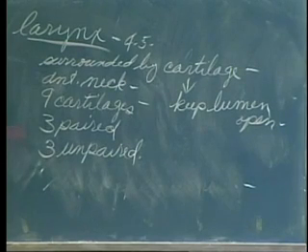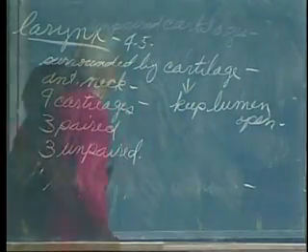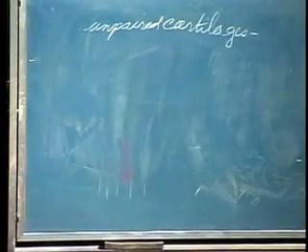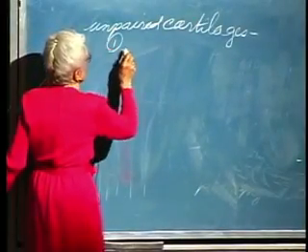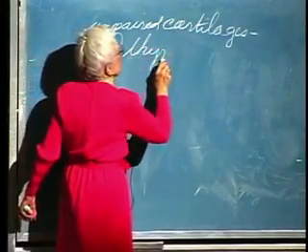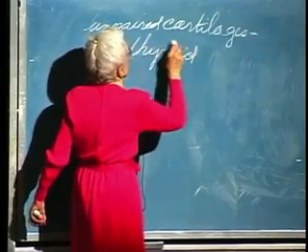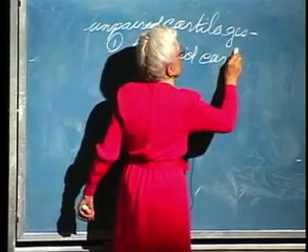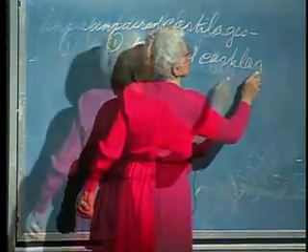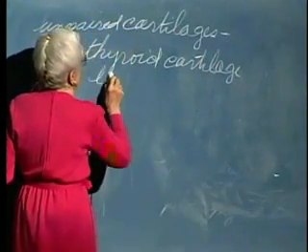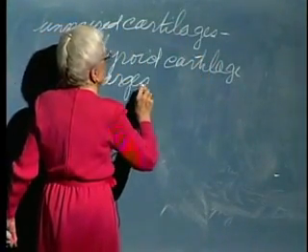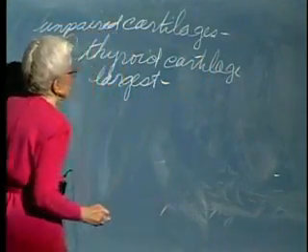So, unpaired cartilages. First, we'll have the thyroid cartilage, the largest. It's the first part of the larynx.